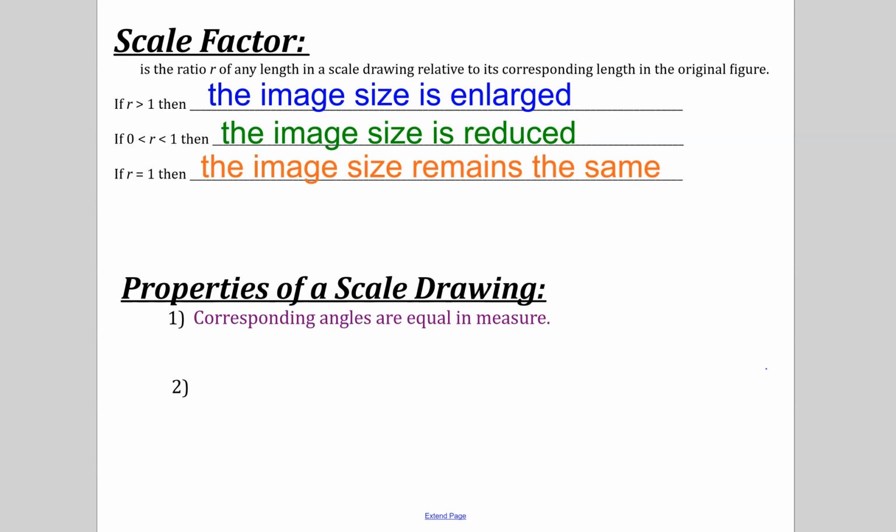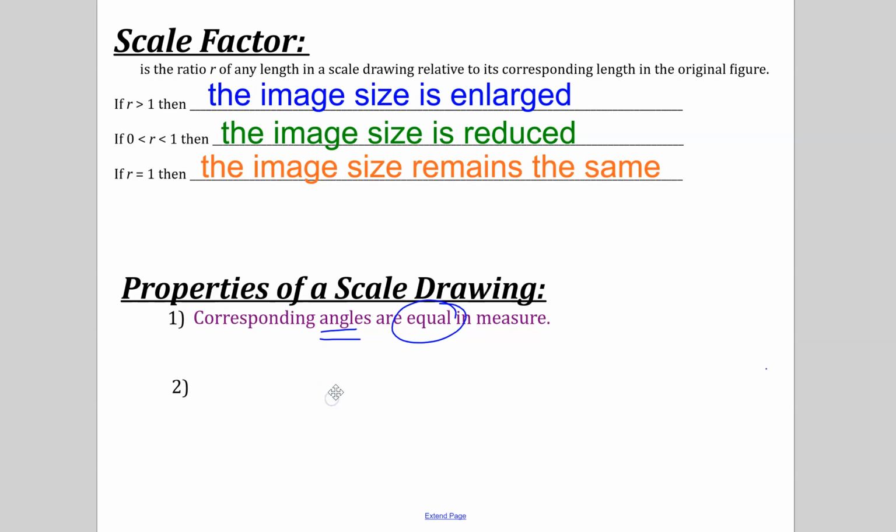I can't stress this one enough. It's really important to know that the angles that correspond to each other do not change. No matter how big or small you make the image, if it's a scale drawing, aka if it has been dilated proportionally, the angle measures don't change.